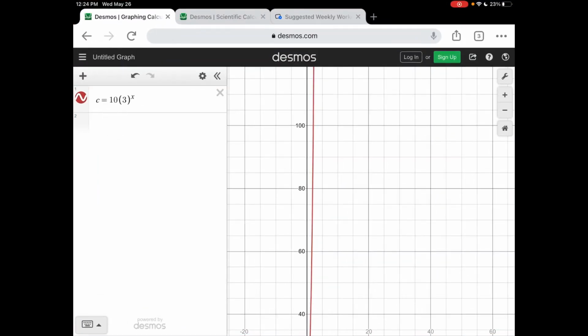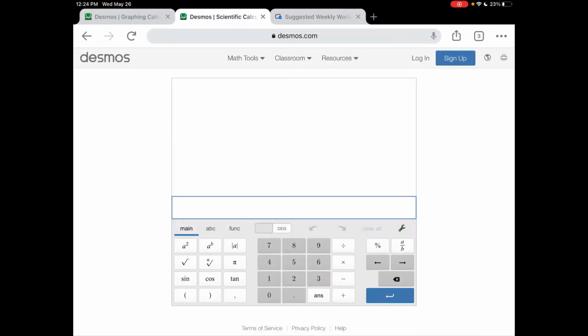Again, I can just show you how to do that here. I often just do it all together. So I like to do 200 times 0.8, all to the power of 5. And my answer is going to be 65.536.